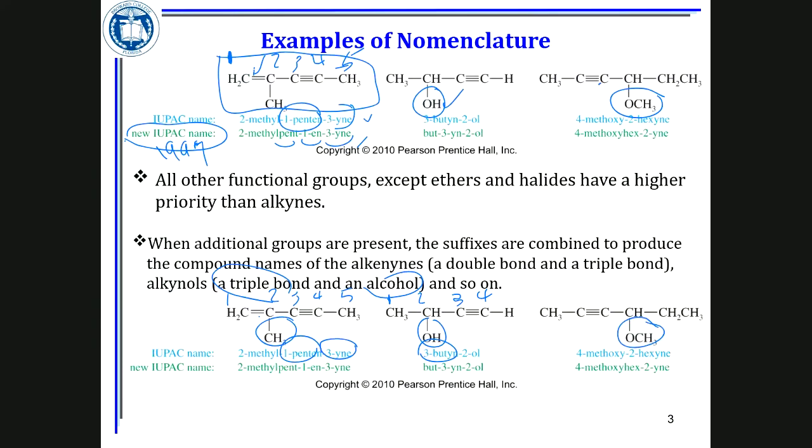This is a branch, so it's a methoxy branch. How does it change to methoxy? You have methanol, CH3OH. If you take the hydrogen away, it changes to methoxy.